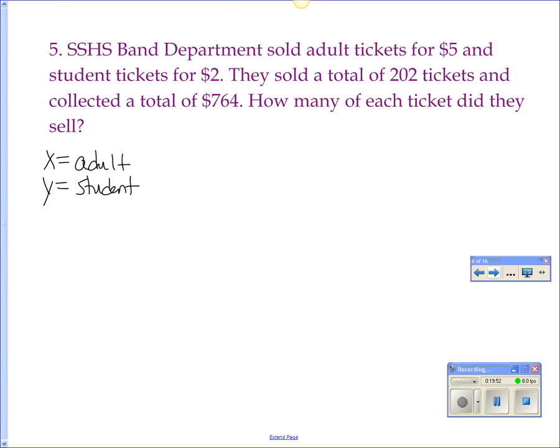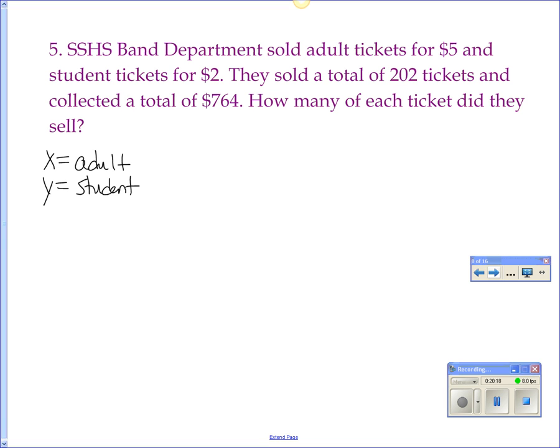Very good. So X is adult and Y is student. So I'll give everybody a minute to write that down before I go any further. Okay, do you notice on this one, it doesn't have enough numbers to put them in like we did on the other ones?